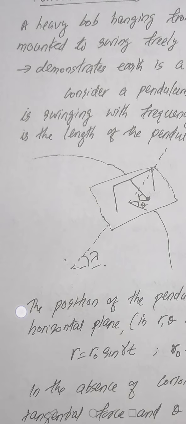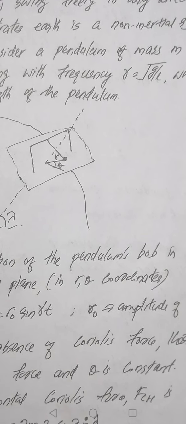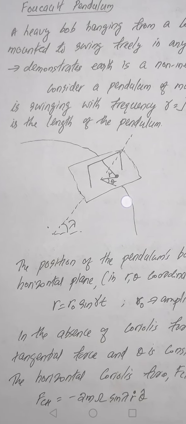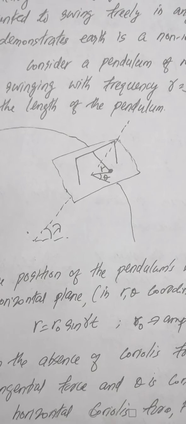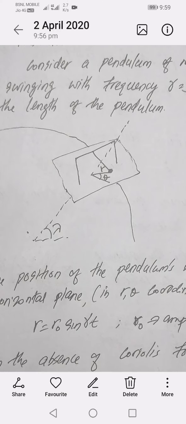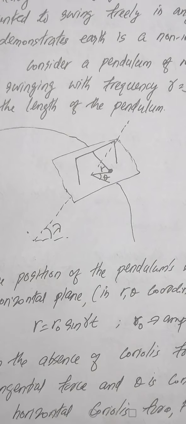Okay, so r, theta. As I use r and theta, you just immediately remember we are going to use polar coordinates, right? So here the instantaneous position of the bob of the pendulum is given by r equal to r0 sine gamma t.